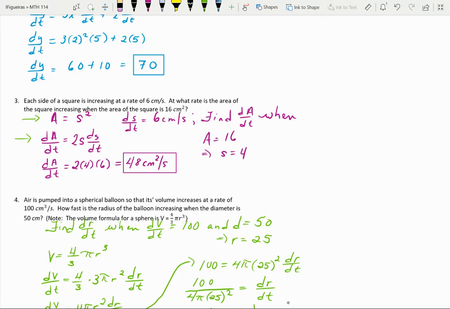Because remember, if the square is increasing, both the area and the side are changing. Now we need to plug in numbers. I was told that the side is increasing at 6 centimeters per second. Well, that's ds/dt. If your side is changing per some unit of time, ds/dt is 6 centimeters per second.